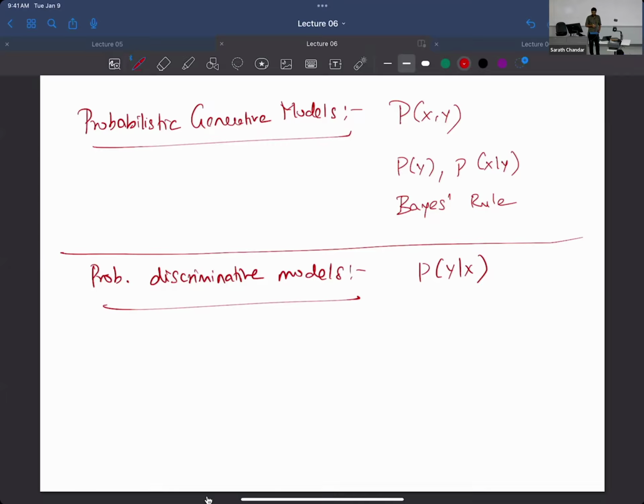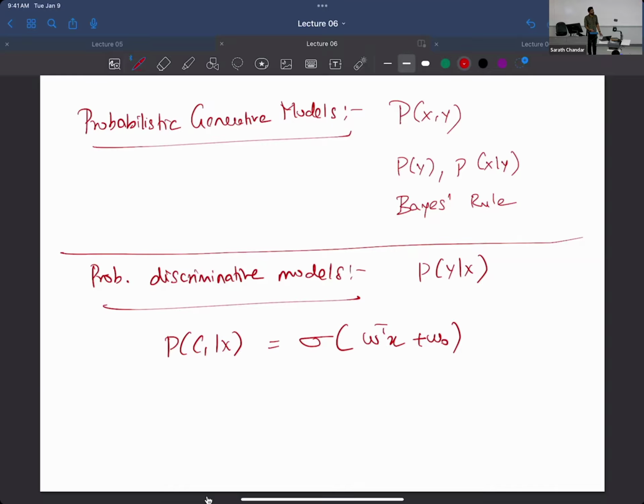This means I'm going to assume some mathematical model which is going to approximate P of Y given X. The simplest way to do this in the binary case is to say the probability of class 1 given X is simply sigmoid of W transpose X plus W0, and learn the parameters W and W0 directly from data.